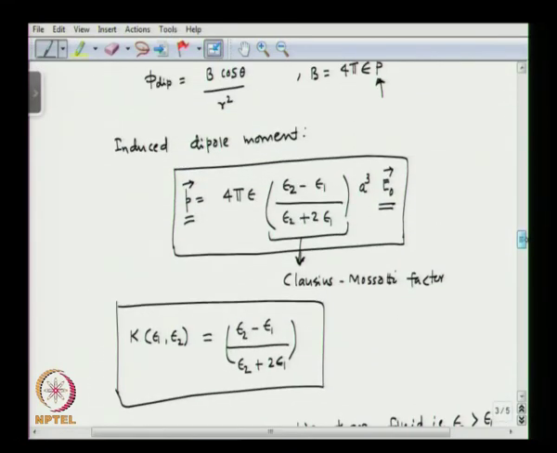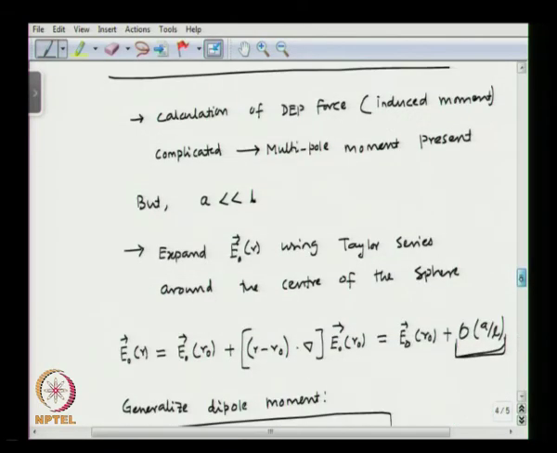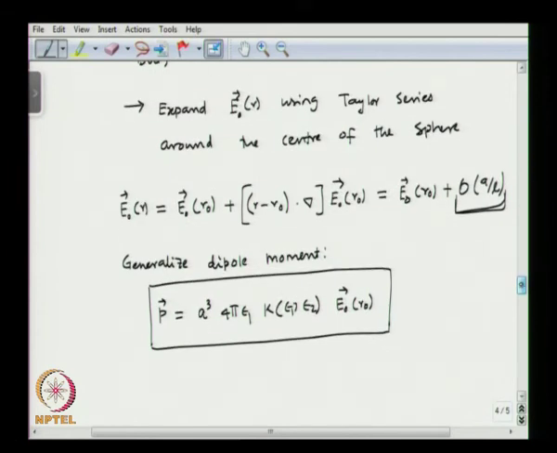Okay, so what we see here, this is what we derived, right. So this is the electric field. Instead of writing the general electric field, we are writing this electric field around the center of the sphere, and this is when we are talking about a non-uniform electric field. Okay.